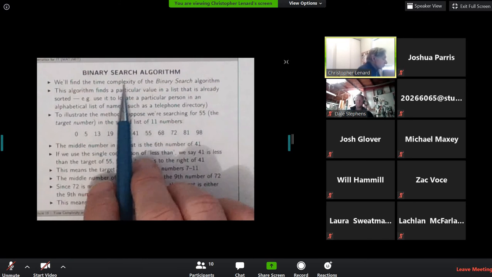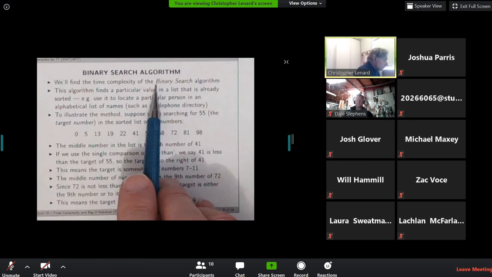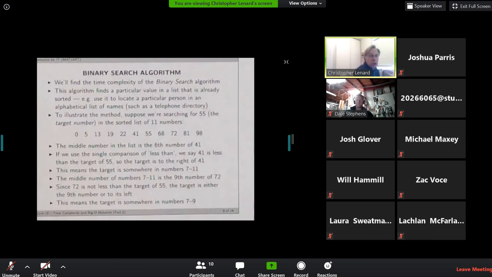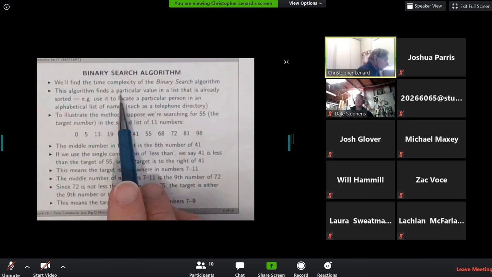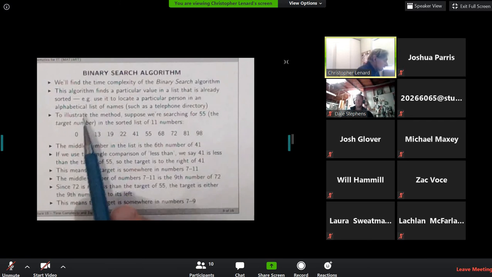So what we're going to do is look at time complexity of this binary search. Again, there are different ways of searching through all this. In this case, we're not trying to sort it, but we're looking for something in it. So we're looking for a particular value that's already in a list that is already sorted in some fashion.